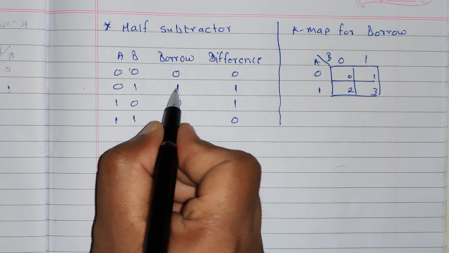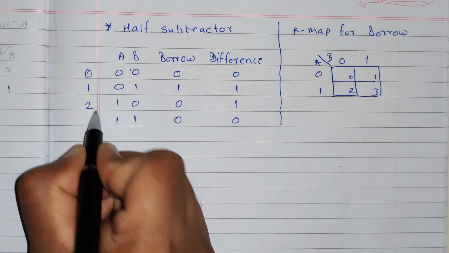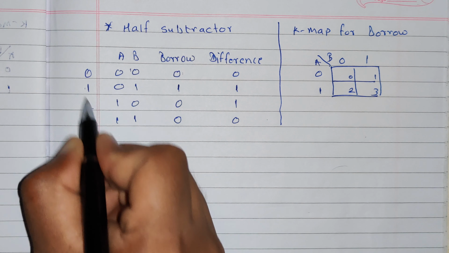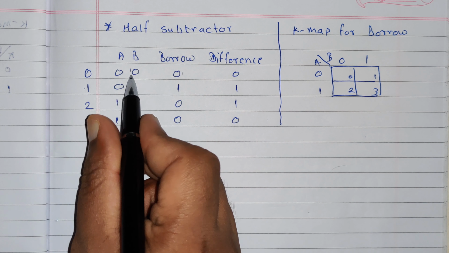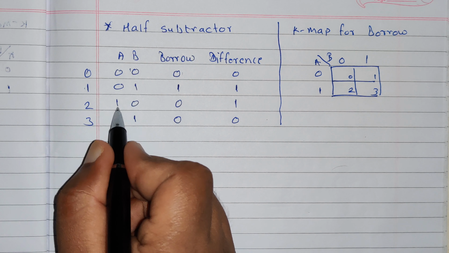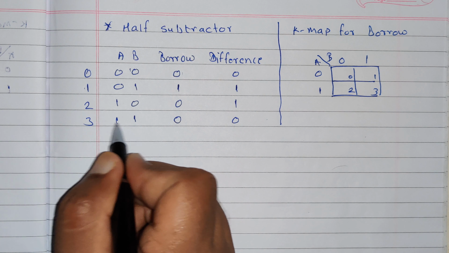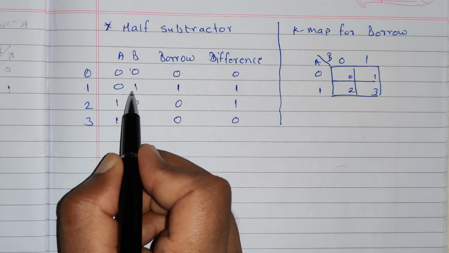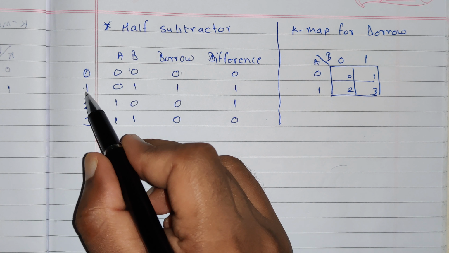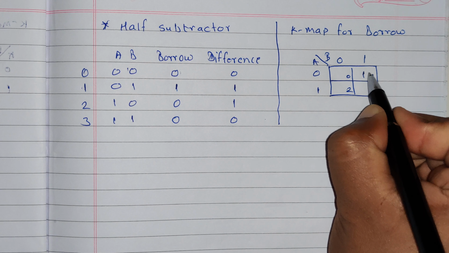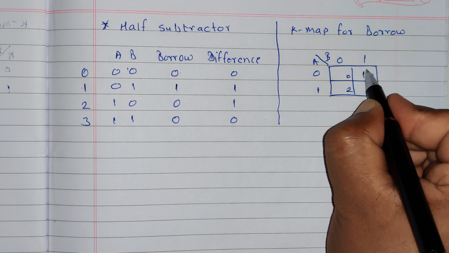Now borrow is 1 at 1. These are decimal equivalents of this binary number. 0 0 is 0, 0 1 is 1, 1 0 is 2 in decimal, 1 1 is 3 in decimal. Now borrow is 1 at 1, so at 1 we will write 1.